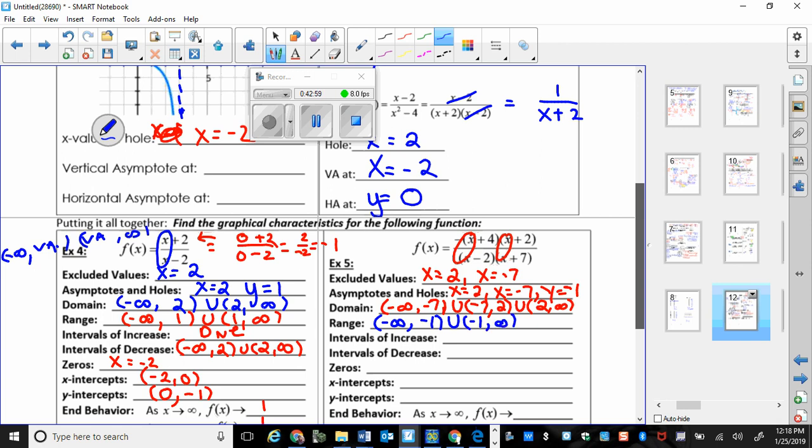Intervals of increase, same as domain. So from negative, it doesn't exist. Wait, let's make sure here. Actually, it does exist. So let's put our function into the graphing calculator.